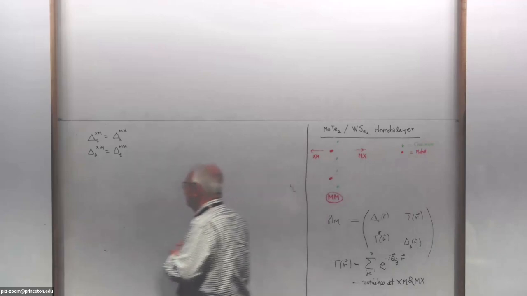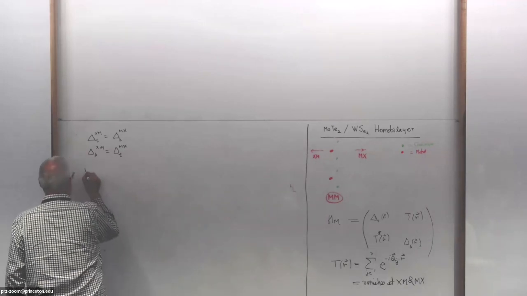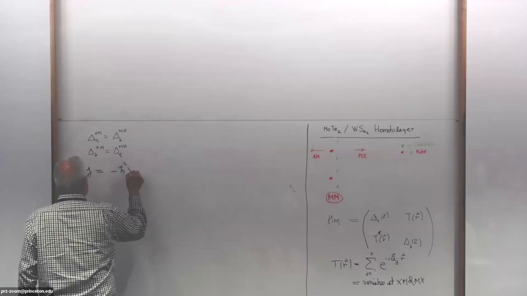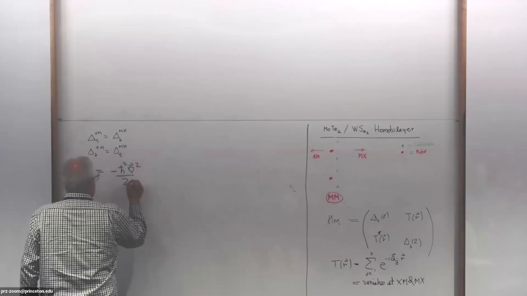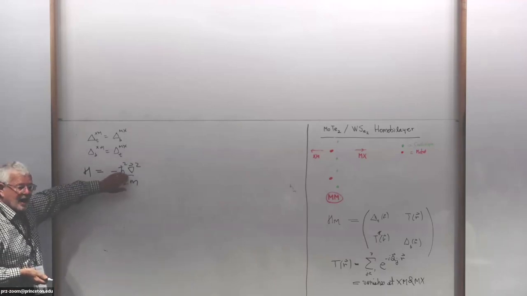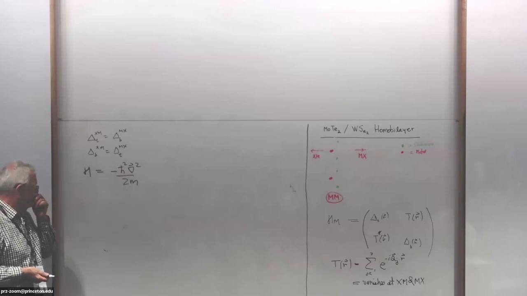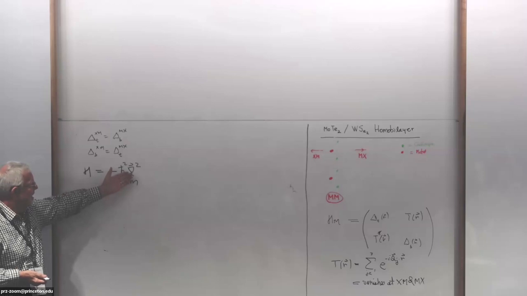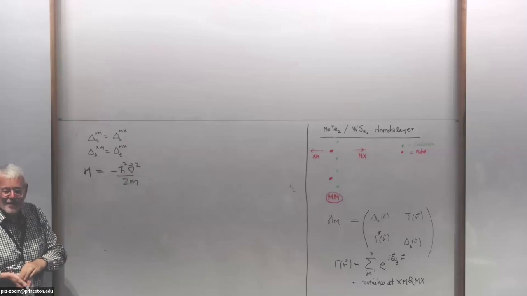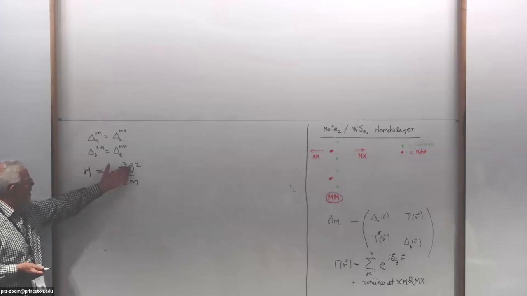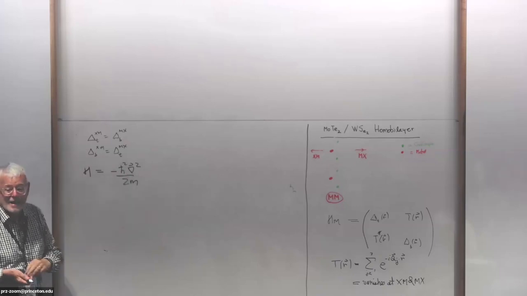Let me write down the full Hamiltonian again. So the full Hamiltonian has a large intralayer momentum-dependent term, which is the k-dependence of the isolated layer in the language I was using this morning, and here it is described in effective mass approximation.